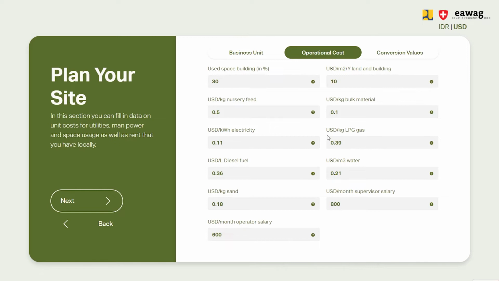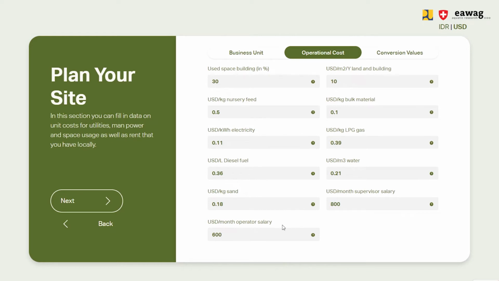You might not have to use all these operational costs or all these utilities, but we have put them in here so that you can make a selection. If you don't use them, you can keep the value at 0.